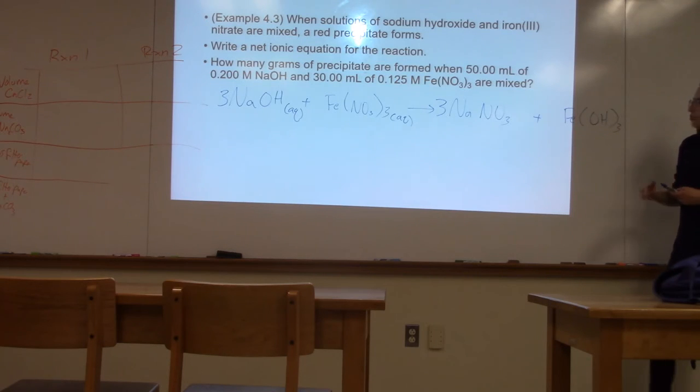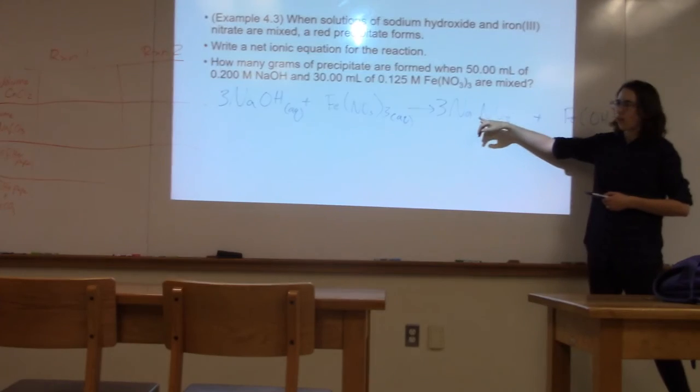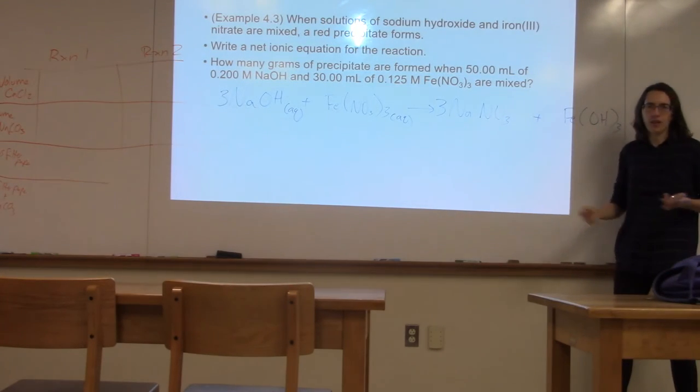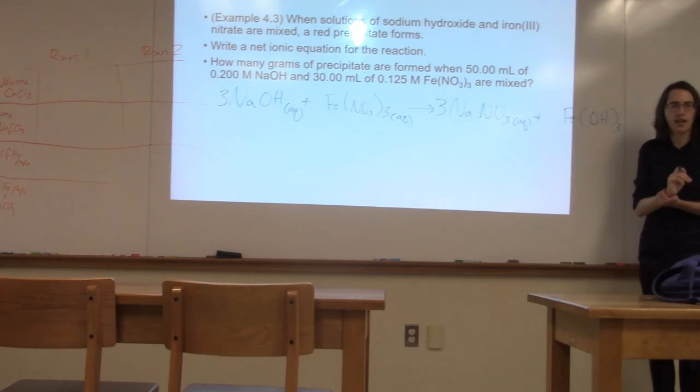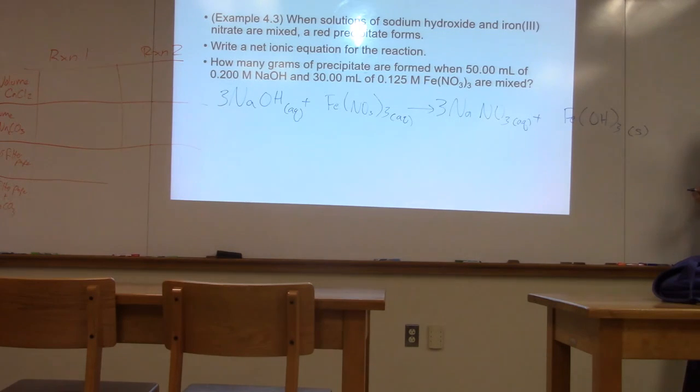It's good to remember that group 1 metals are always soluble and NO3 is always soluble. Those come up a lot, and it's just convenient to know. Together, it's definitely soluble. Fe(OH)3 is insoluble, so it's a solid.